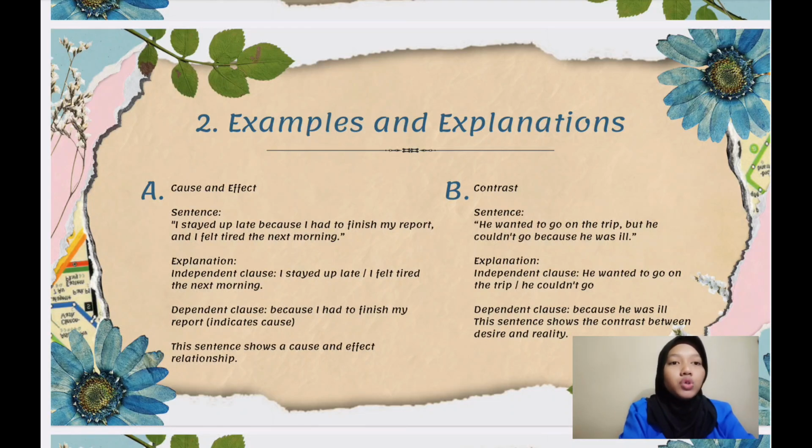This sentence shows a cause and effect relationship. Another example is, he wanted to go on the trip, but he could not because he was ill. This one shows contrast. It uses but and because to connect the ideas.